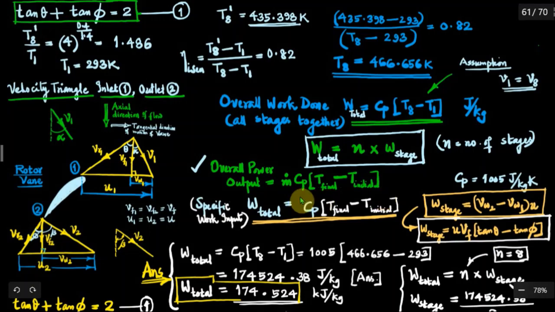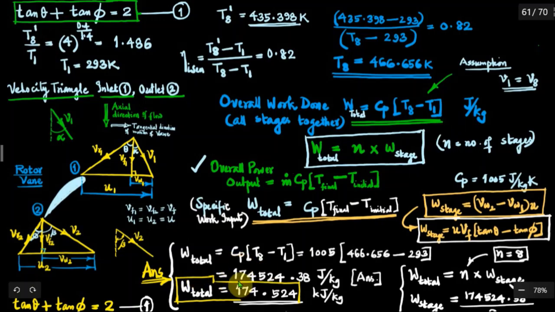In fact, that is the work done by the rotor on the air per second. Okay, so we'll proceed now. The overall power rating is m dot Cp, and here mass flow rate is not given, so we will not bother about that, and we will consider only the overall work input in joule per kg.